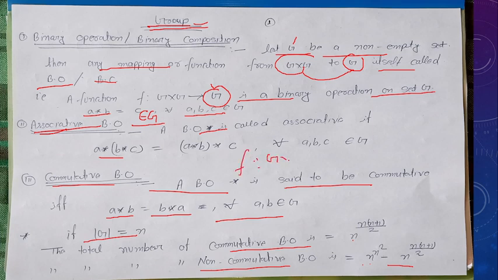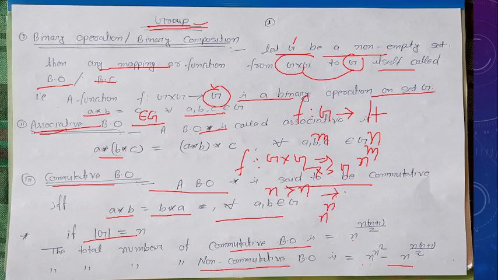If we talk about the total number of operations, then you may say G cross G, the total number of functions. If you talk about G to H, where G has m elements and H has n elements, then the total number of functions is n to the power m. Similarly, because here it is G cross G to G, G has n elements, so the total number of functions is n to the power n times n, that is n square.